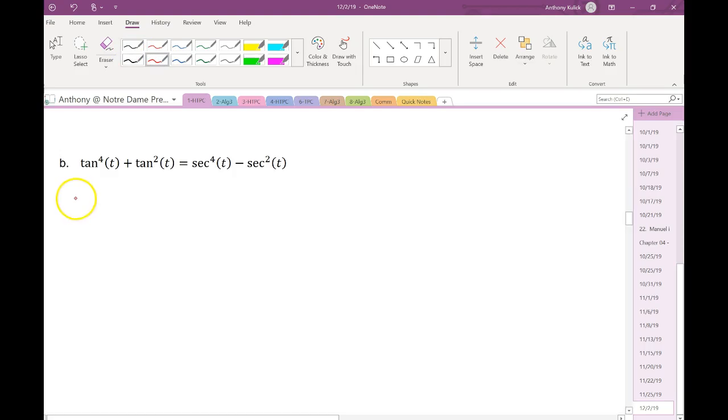So Sam says, let's factor out a tangent squared. Sure. Oops, thank you.